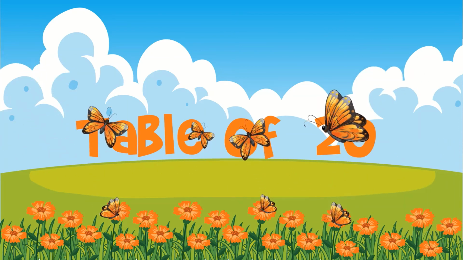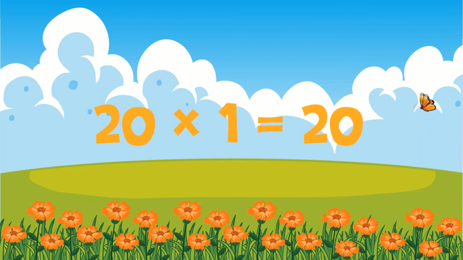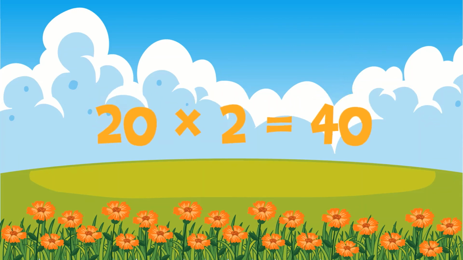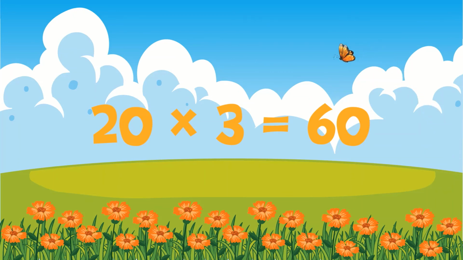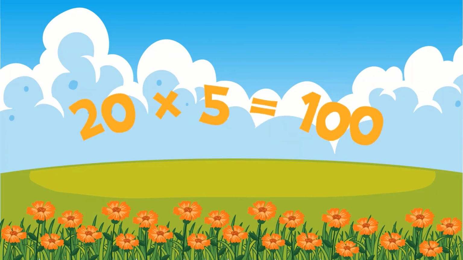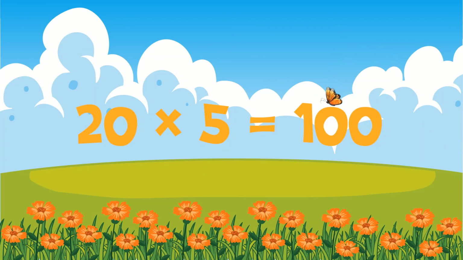So let's get started. Twenty ones are 20. Twenty twos are 40. Twenty threes are 60. Twenty fours are 80. Twenty fives are 100.